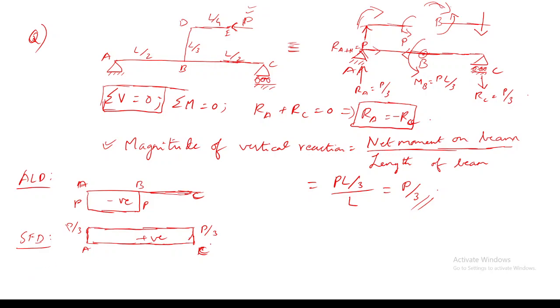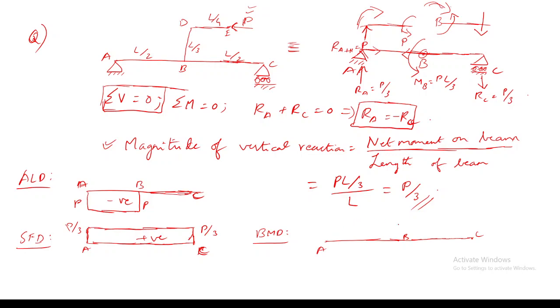And can you draw the bending moment diagram? I am drawing the bending moment diagram here. This is A, this is B, and this is C. What will be the bending moment at point A? It will be 0, right?